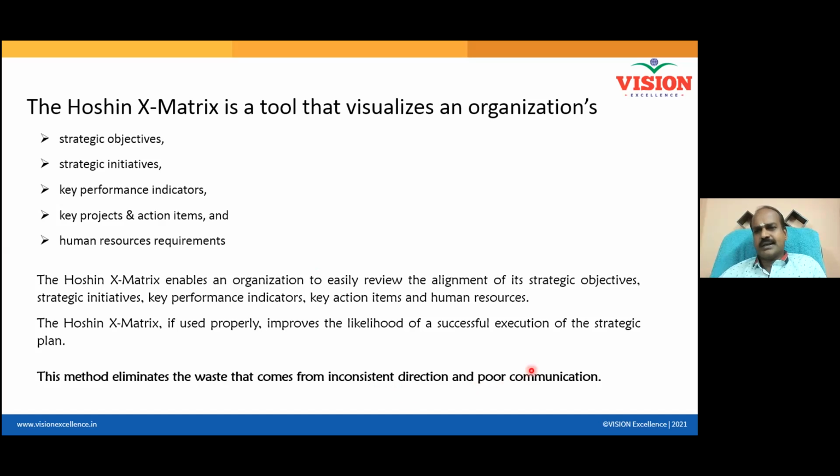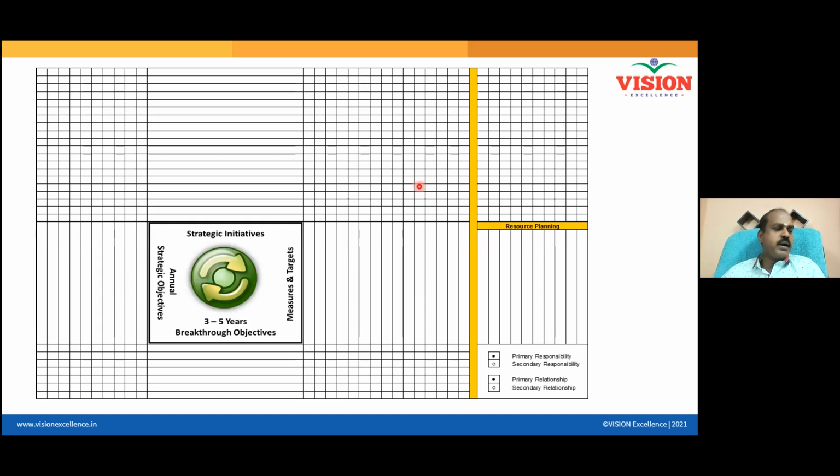Many times organizations come out with a lot of strategies and finally nothing happens, right? They are not effectively communicated and not driven consistently, and as a result it is only a discussion, right? If you want to avoid all those things, you can rely on this tool, the Hoshin X matrix.